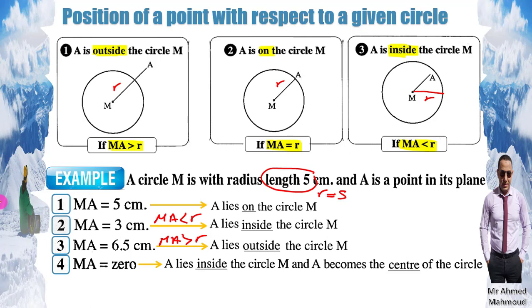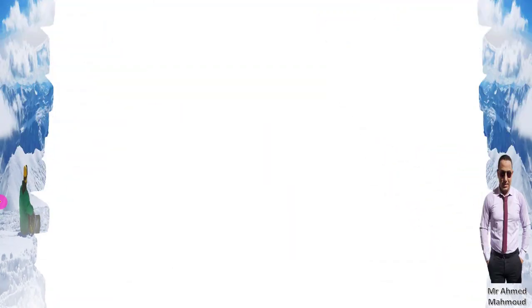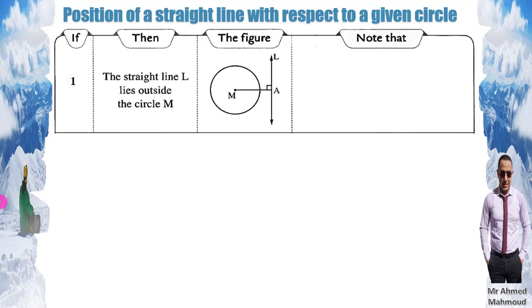Now let's study the second case, the position of a straight line with respect to a circle. Also, we have three cases for the position of a straight line with respect to a circle. The first relation: if the straight line is outside the circle like this, here the straight line L lies outside the circle.